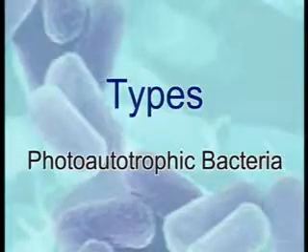They are mostly free-living, non-parasitic bacteria and are capable of independent existence in the environment, such as soil and water. Photoautotrophic bacteria are of the following types.